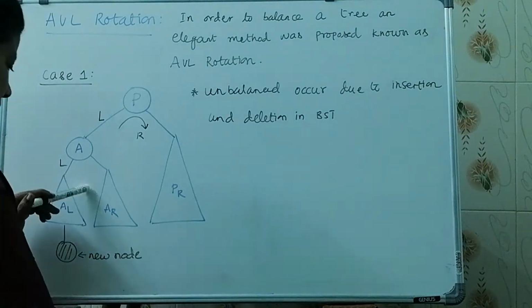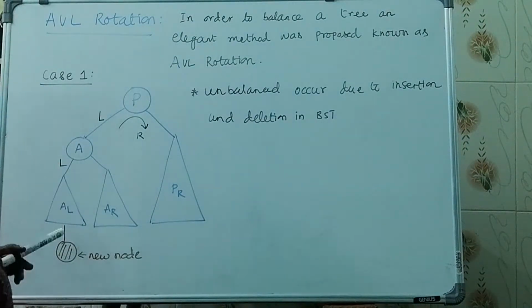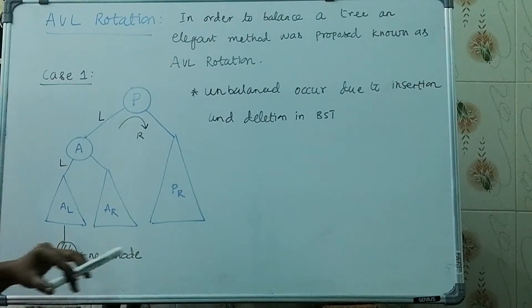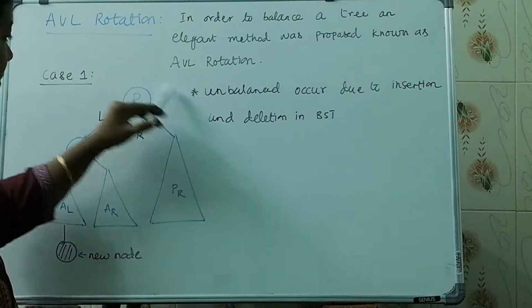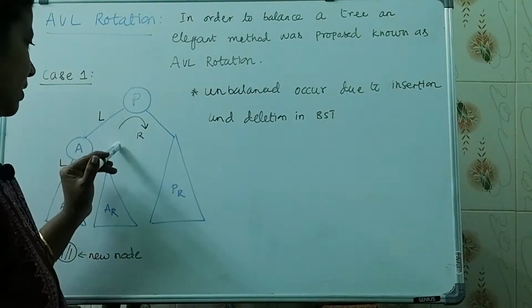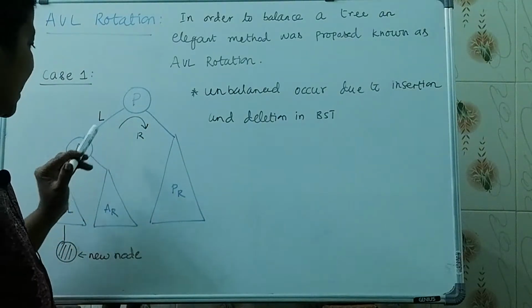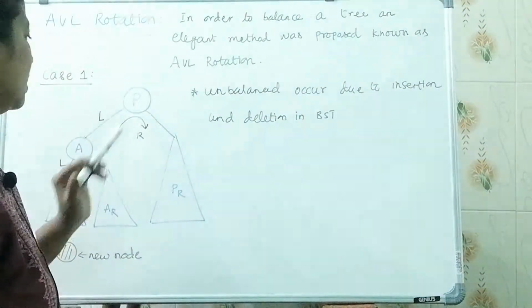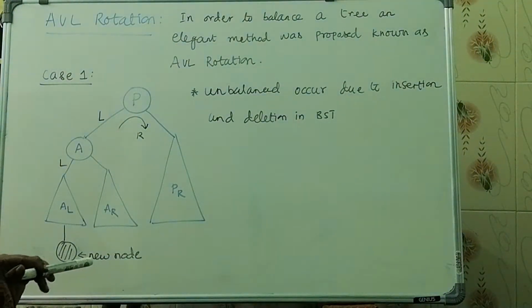Case 1 is explained in the left side diagram. Let us consider the whole tree is an AVL tree. The meaning of an AVL tree is that it is balanced, where the balance factor of every node is either 0, -1, or 1. Now let us consider the case.